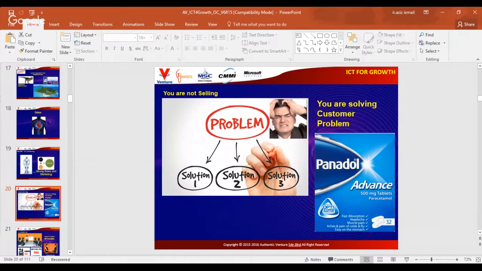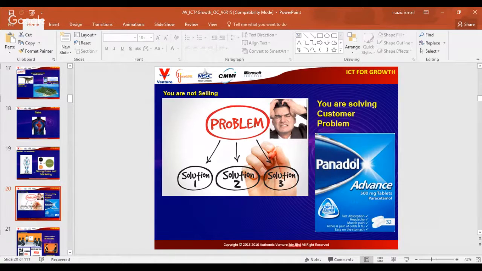We are actually solving problems. We are solving our customers' problems. Customers have a headache, customers have a migraine, and you have the Panadol. You practically help them solve their headache by giving them the Panadol. So you are not selling anything actually. You are giving people the Panadol to solve their problem.